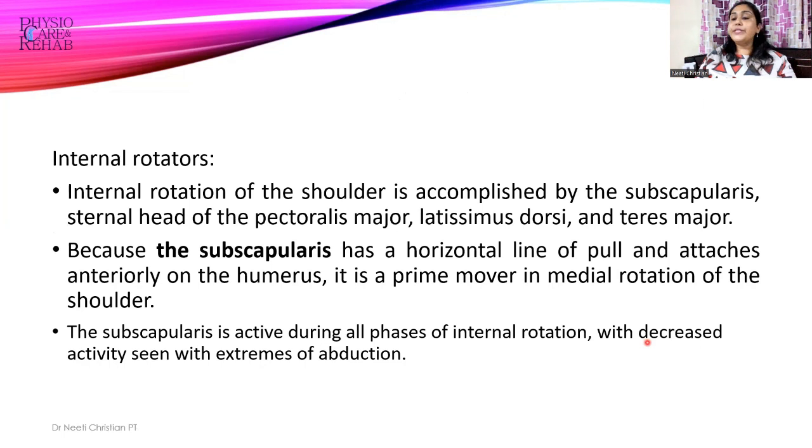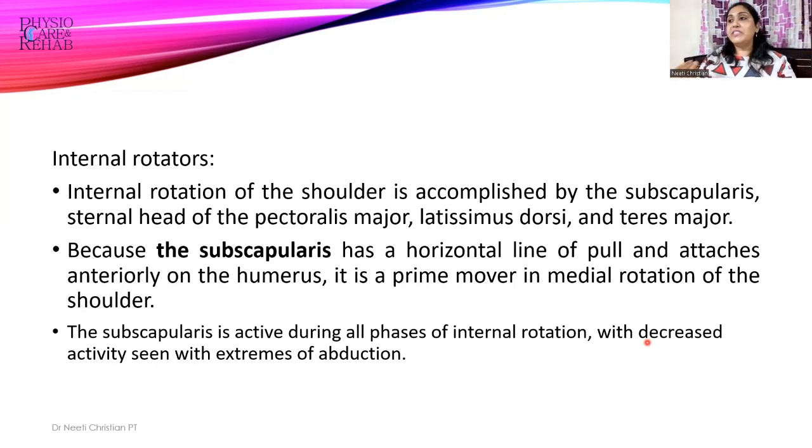Internal rotation is accomplished by subscapularis, also the sternal head of pectoralis major, latissimus dorsi, and teres major muscle. Because the subscapularis has a horizontal line of pull and attaches anterior to the humerus, it is the prime mover of medial rotation of the shoulder joint.